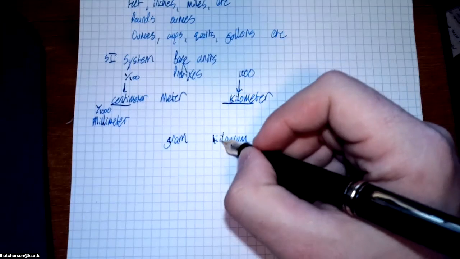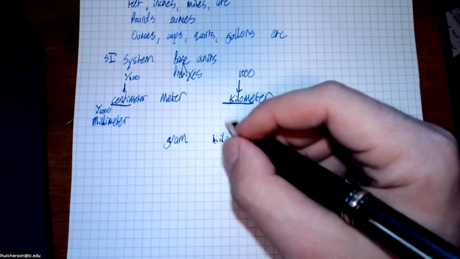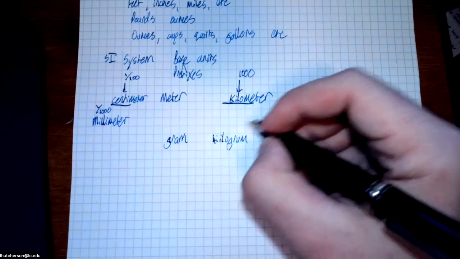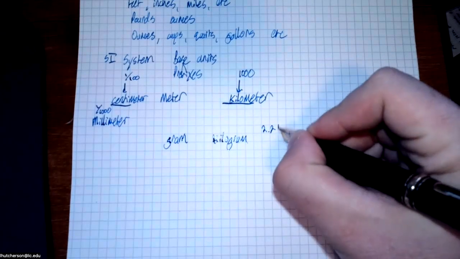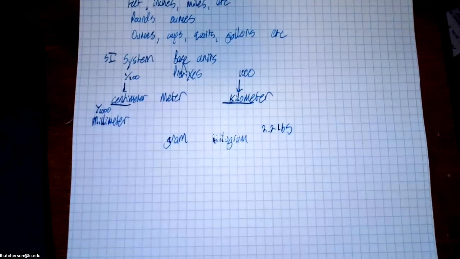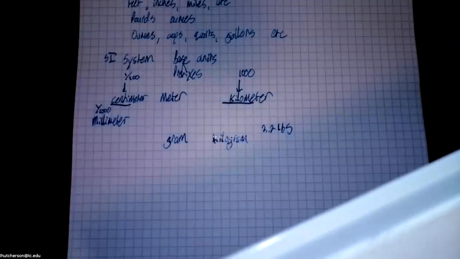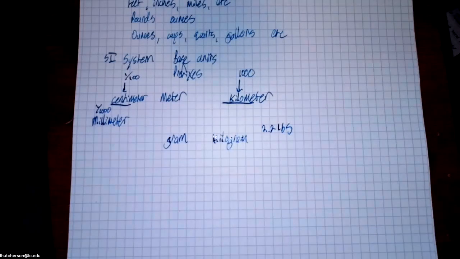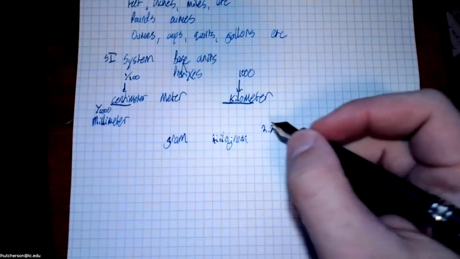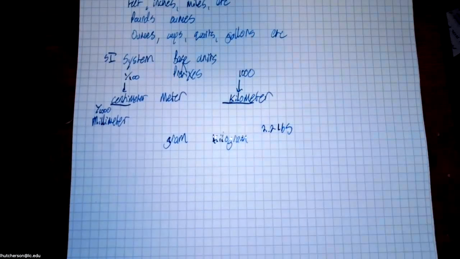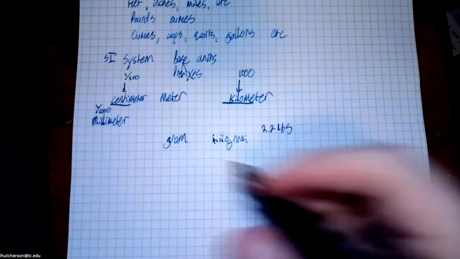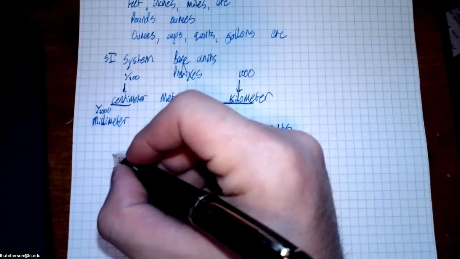Of course, kilo means 1,000 grams. This is approximately 2.2 pounds. So if you have a paper copy of the textbook, or really any heavy book, that is about 1 kilogram. Also on the other end of that, we have milligrams.